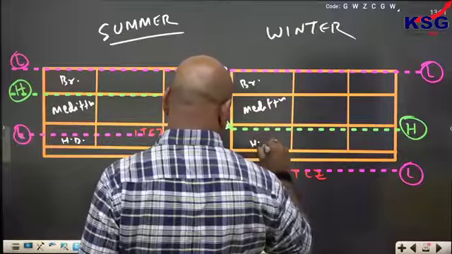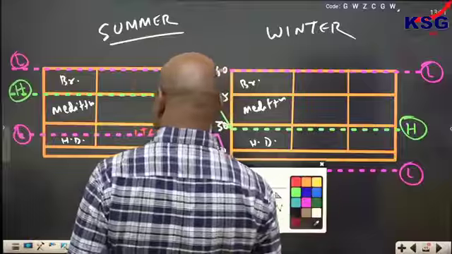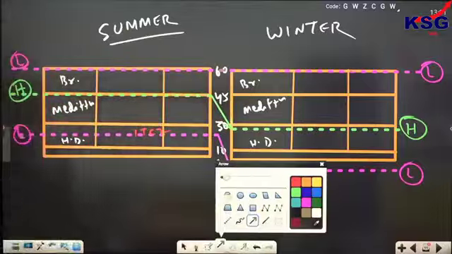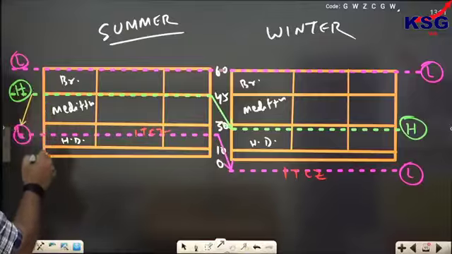and hot desert. Now you tell me one thing, if it is like this, how will this low pressure come in the summer season? Tell me. It will be like this or not?